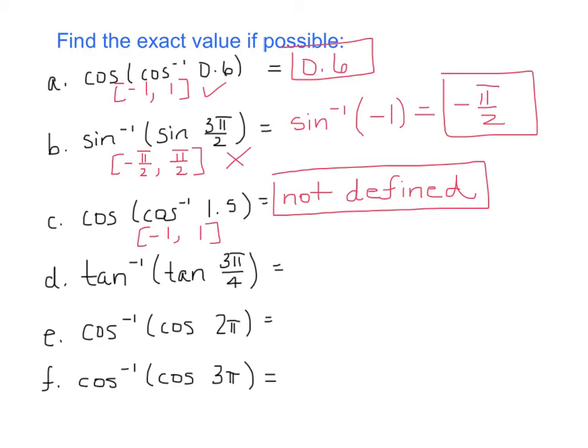Okay, for tangent inverse of tangent, remember your angle has to be between negative pi over 2 and pi over 2, but not including. And 3 pi over 4 is not. So we have to actually evaluate tangent of 3 pi over 4, which is negative 1.